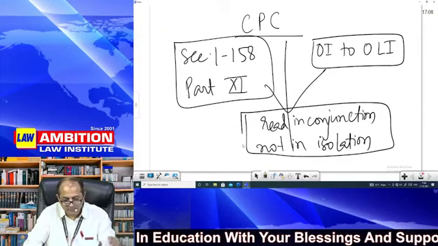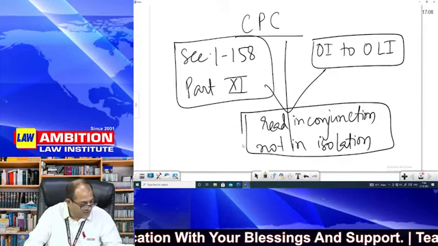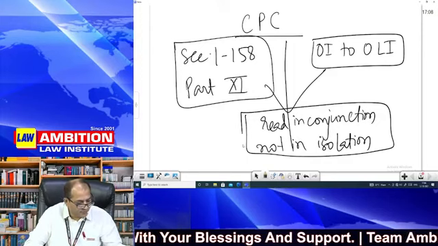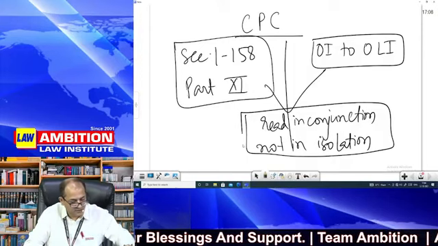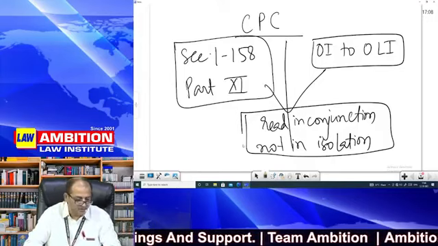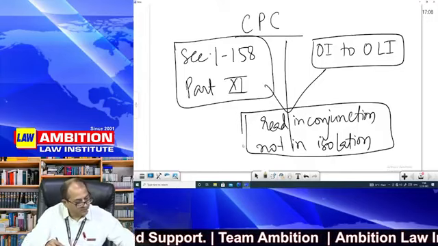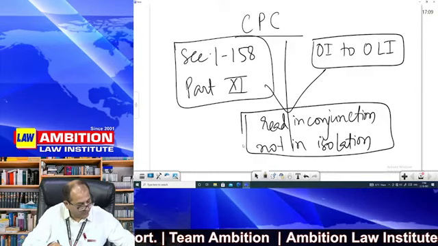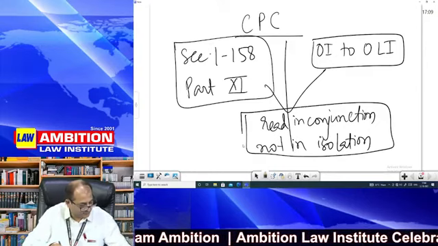I hope you remember this All India Radio. I hope you remember this PSC. I hope you remember that formula which I developed yesterday for you.